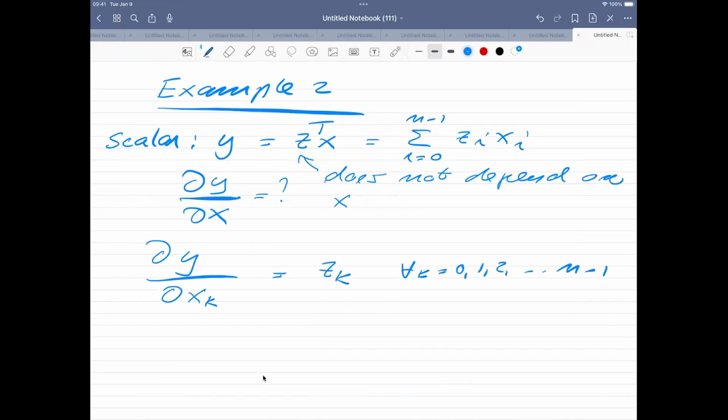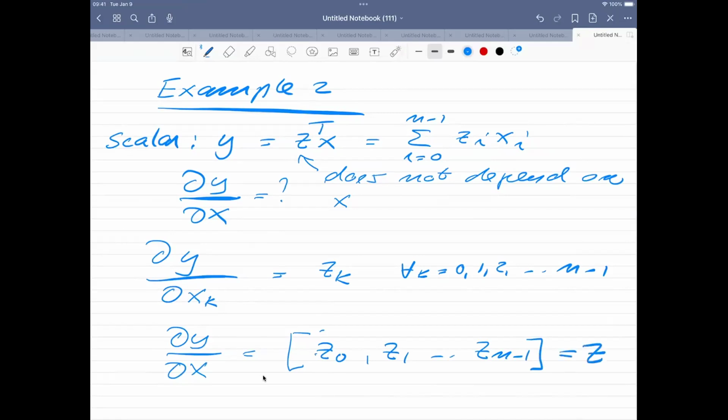And then, since we have opted for this definition, since y is now a scalar, what we have is simply the following. So that means that dy of d of x has to be equal to this vector, which is dy dx0. Let's just write out the final answer in another way. So this should be c0, c1, all the way up to the n minus 1 component. And this is equal to c transposed.